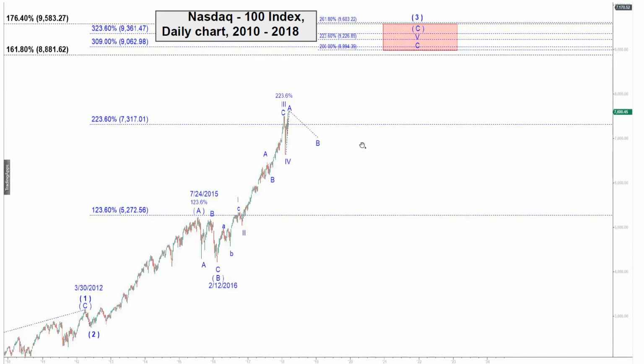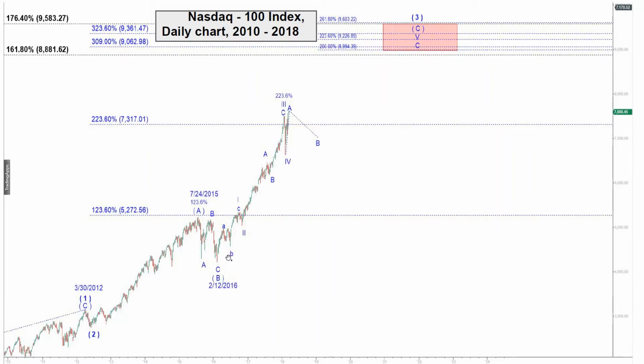Looking at micro, we can see that starting from that point, we got A, B, C of 1, shallow 2, A, B, and C, which would comprise wave 3, and a very deep and fast wave 4, or maybe just the first leg of wave 4. Because look at that.